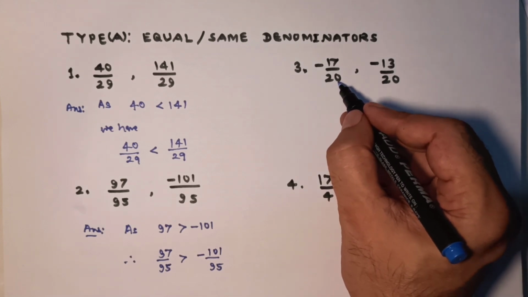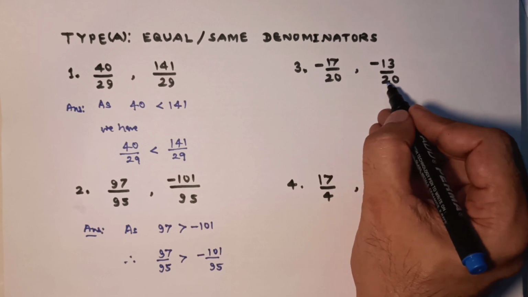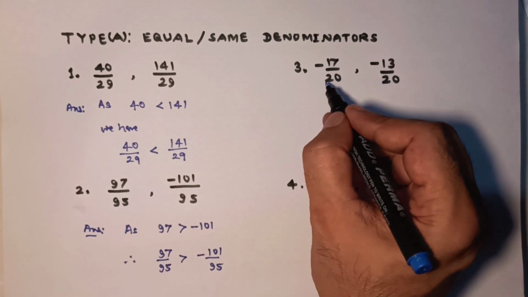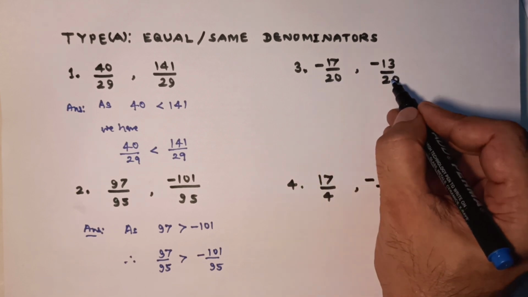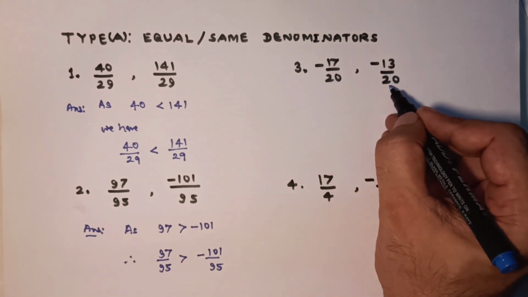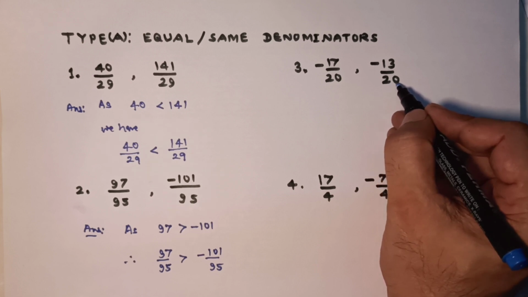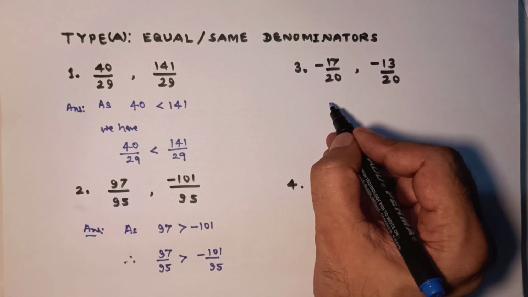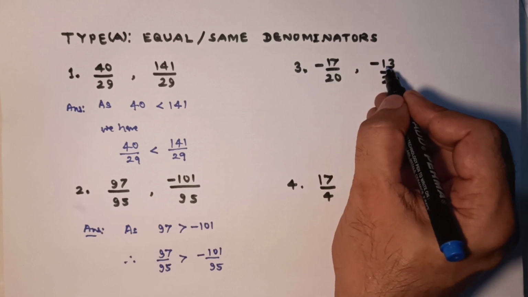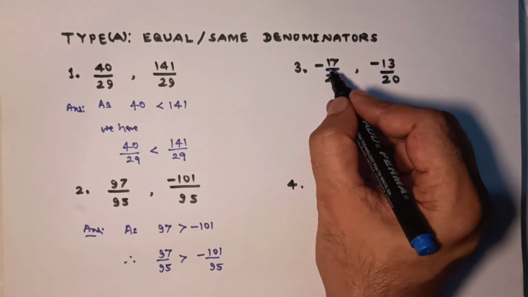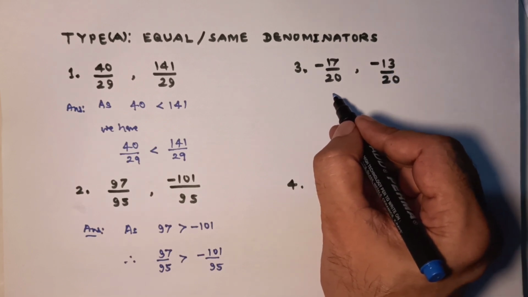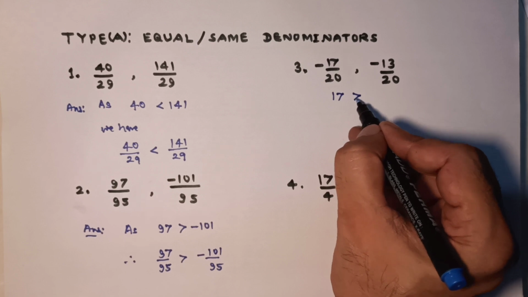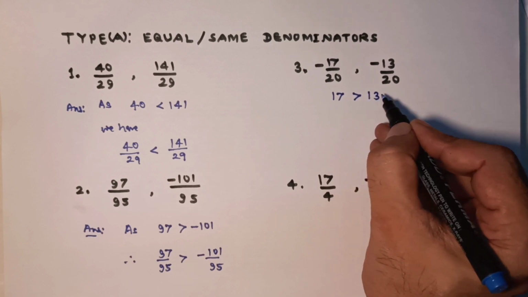Here again the denominators are the same. In the first number, minus 17 upon 20, and the second number, minus 13 upon 20, the denominators are the same, 20. So we'll consider only the numerators, minus 17 and minus 13. You know that 17 is greater than 13.